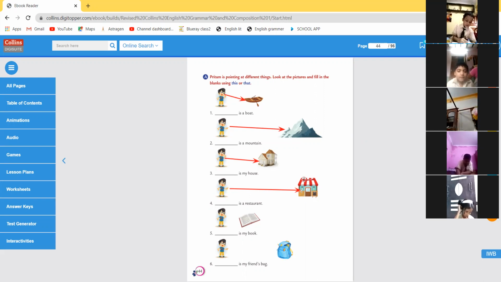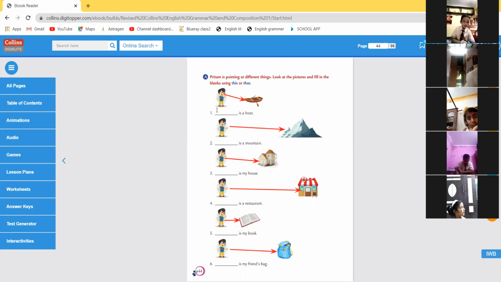I'm giving arrows so that you can notice the distance between the boy and the picture. I'm using arrows. This is my book. That is my friend's bag. So now look at the distance and write here whether it will be this or that.